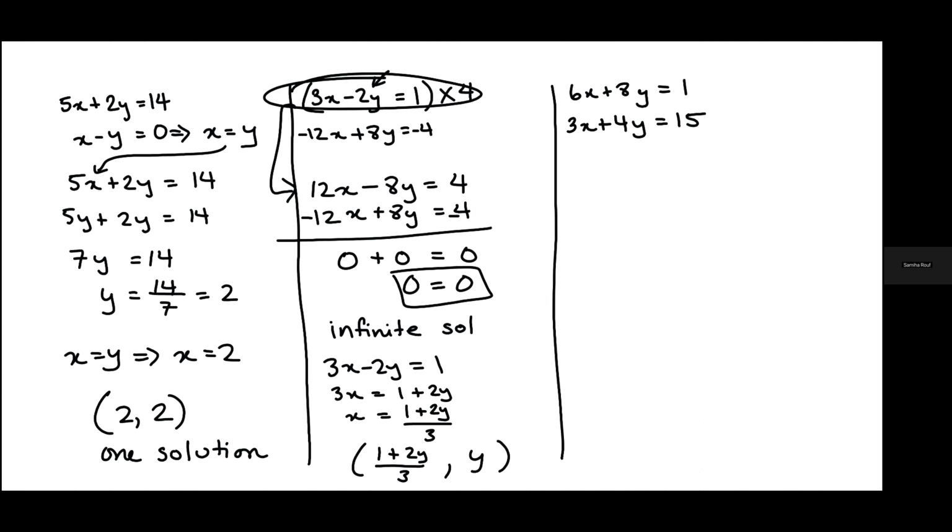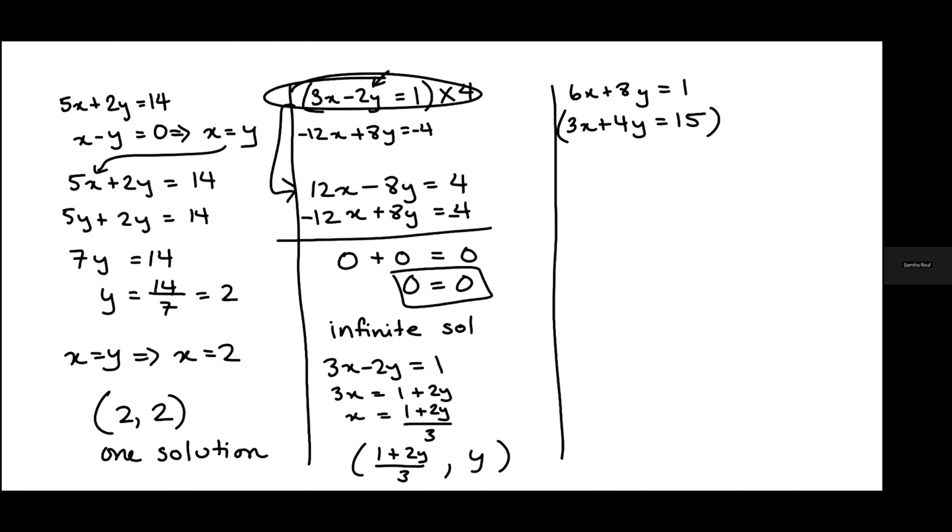Okay. Finally, let's look at our third example. So this one also, we don't have a coefficient of 1. So let's multiply this equation by something that would help us eliminate one of the variables. This time I want to eliminate the x. Since I have 6x in the first equation, in the second equation I want negative 6x.